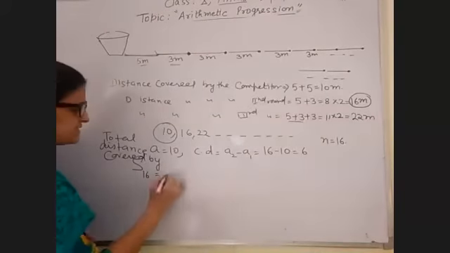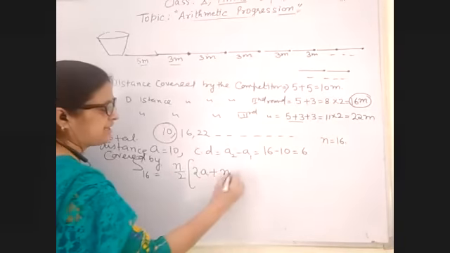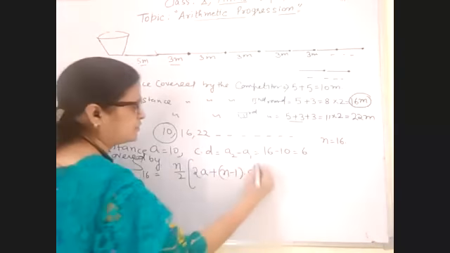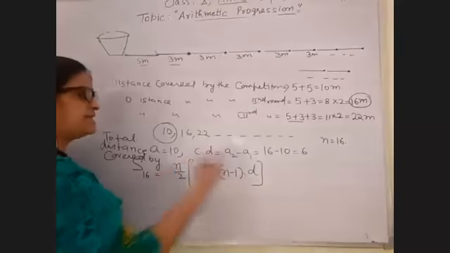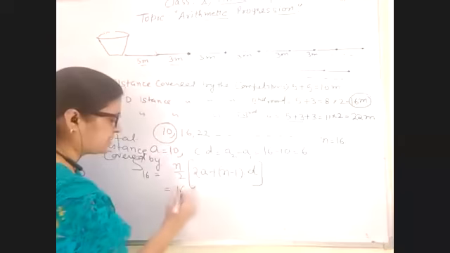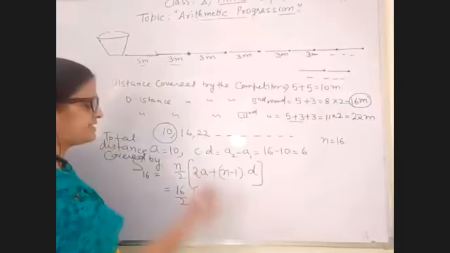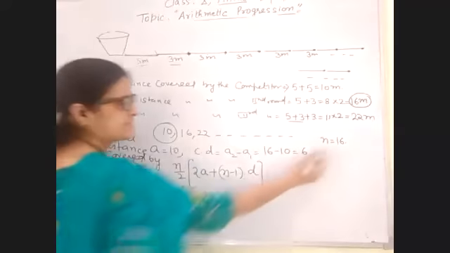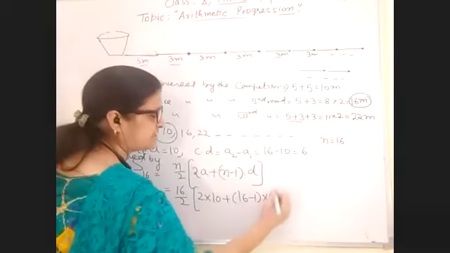So S16 equal to n by 2, 2a plus n minus 1 into d. Okay, in the question n is given here 16, 16 upon 2, and a is given here 10, and plus n is given here 16, and the common difference is given here 6.